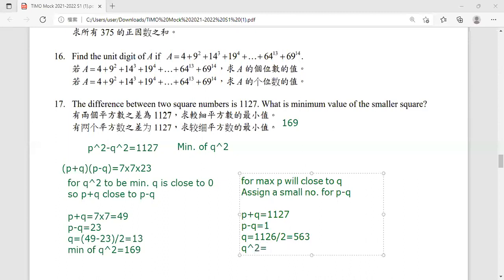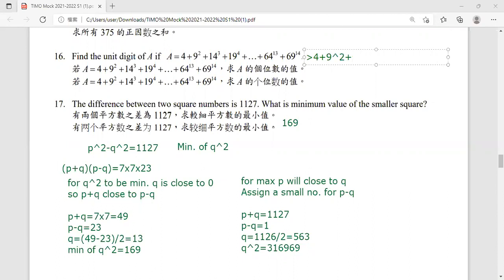Okay. No guessing. No guessing. They can state it, it doesn't matter.